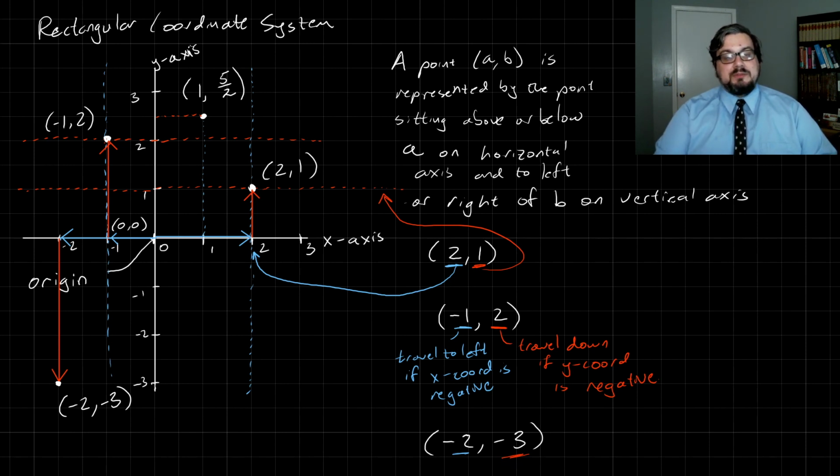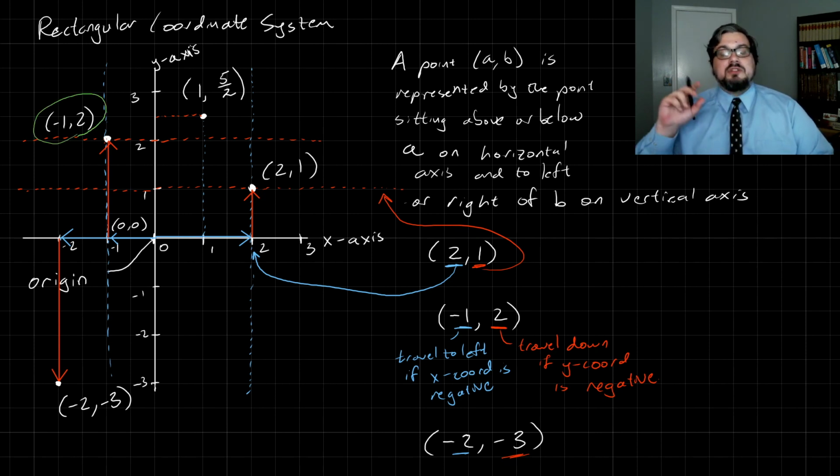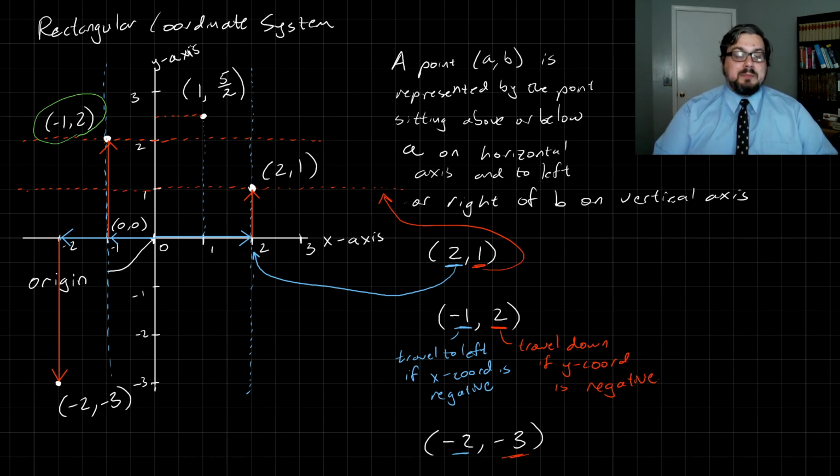So for instance, we've got this point -1, 2 up here in the upper left part of the graph. But if we were to change the order of those points, we would get the point 2, -1. And that will give us a point where we move right by 2 and down by 1, so it would give us the point down here.